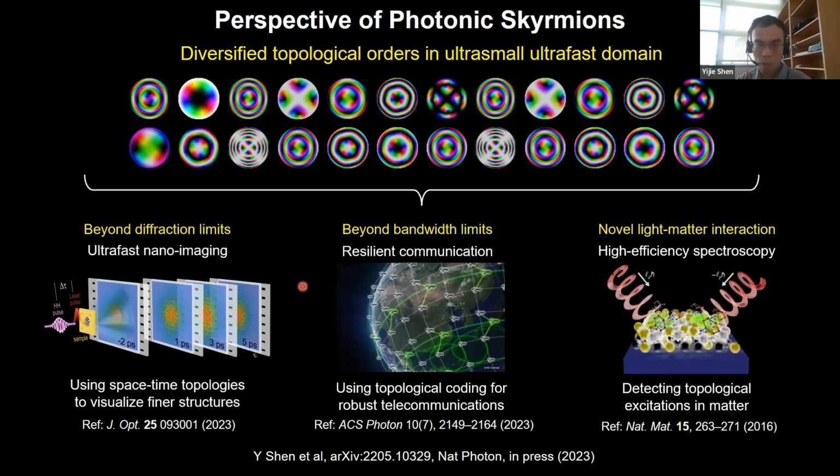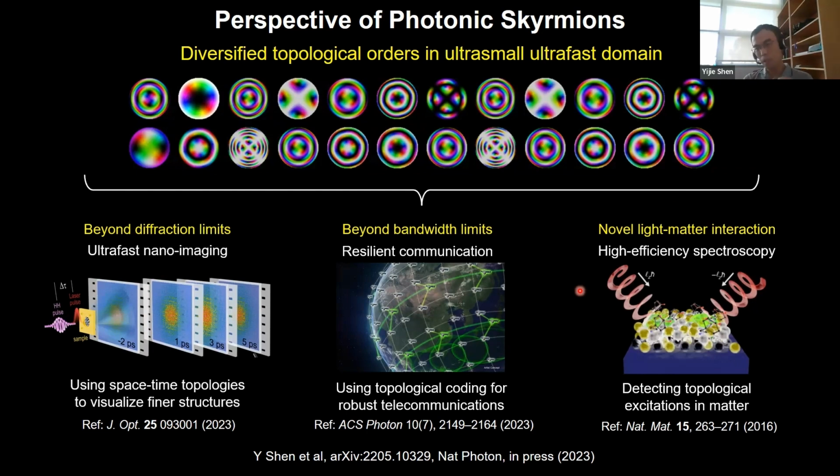And if we can control the topological orders in propagating beams, that can be used for more resilient optical communication, with the new topological order as an information carrier for ultra high capacity, robust, ultra resilient optical communication networks.